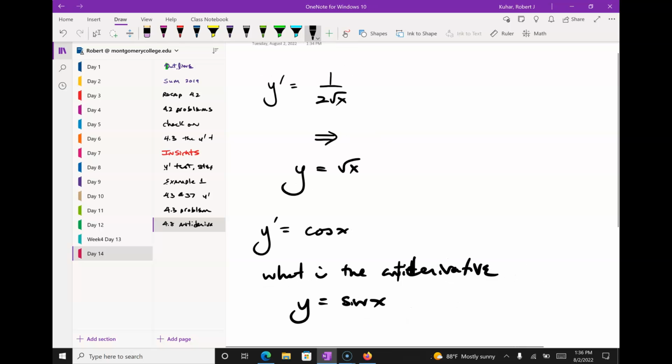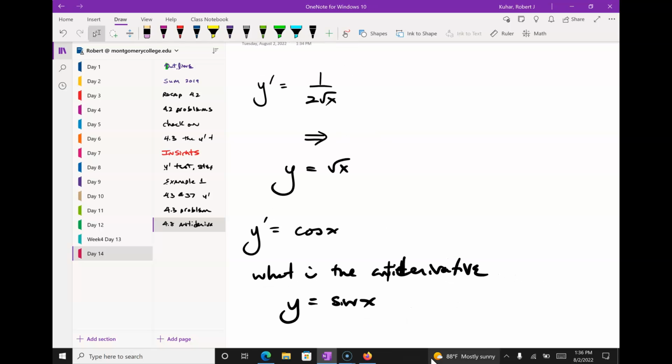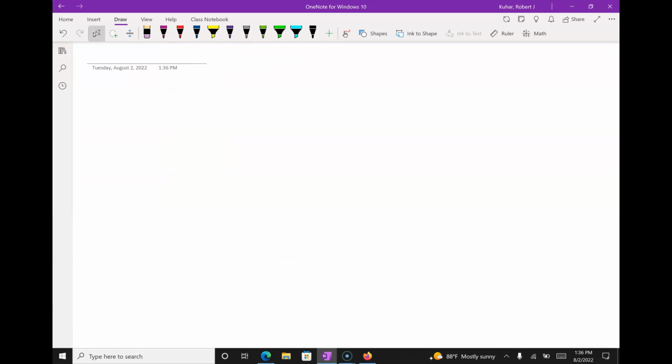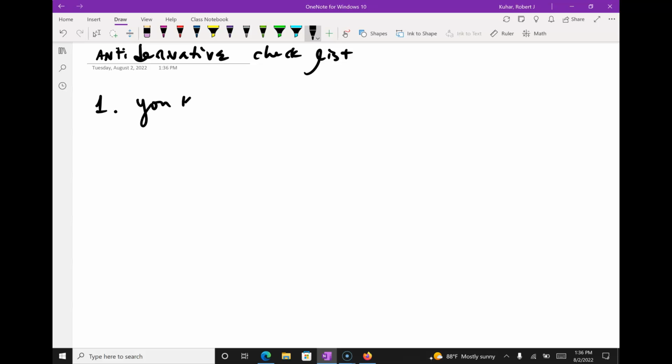And it's that simple. The second thing, so level 1, right? This is my antiderivative checklist. Level 1 is you know y prime from practice, right?